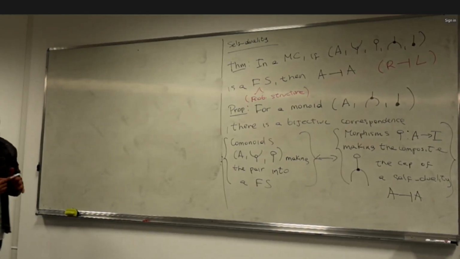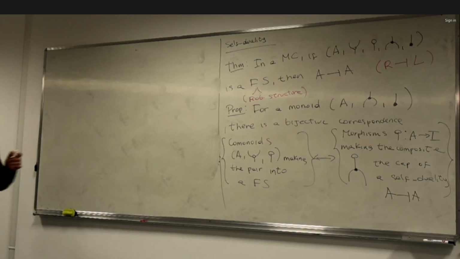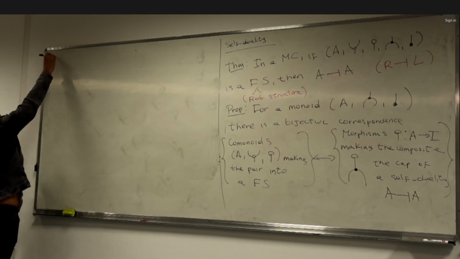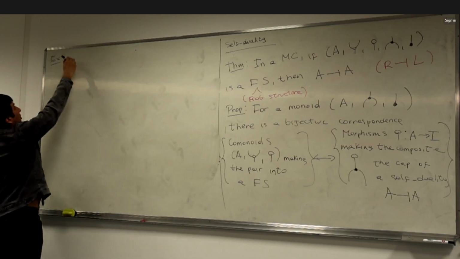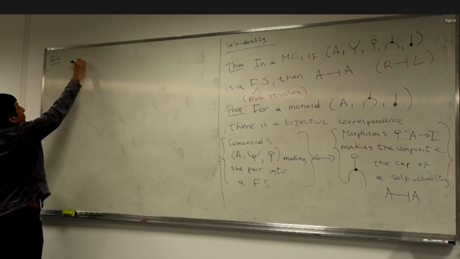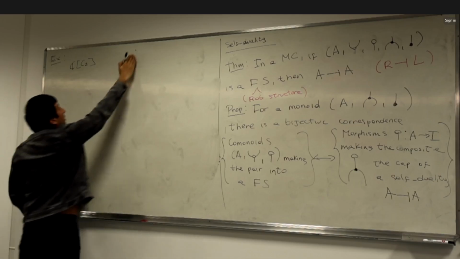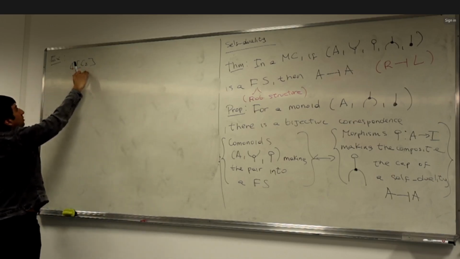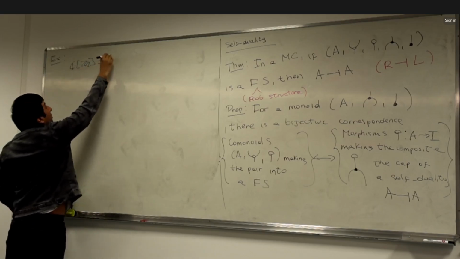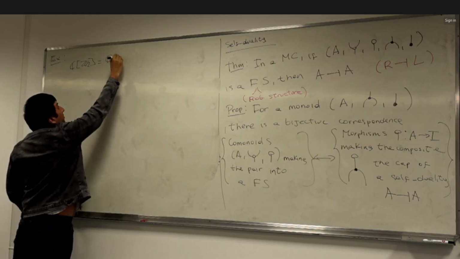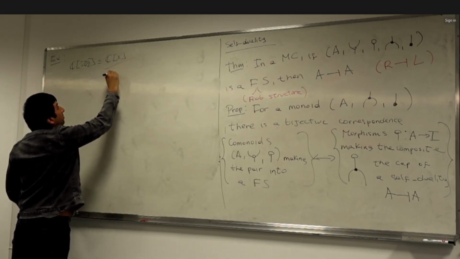We have a clear idea of what a commutative monoid is and a commutative comonoid. Just to give an example, remember our examples of the group algebra. The group ring of C2, or Z mod 2, is the ring of truncated polynomials.